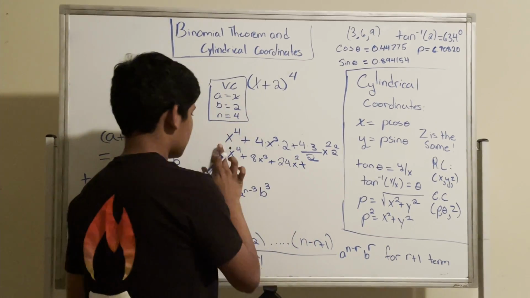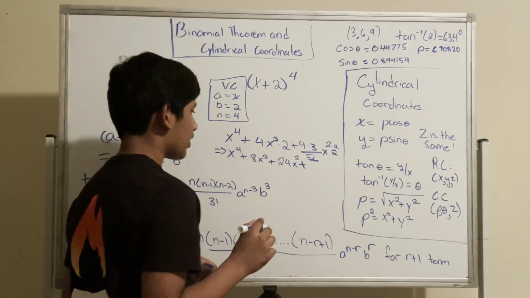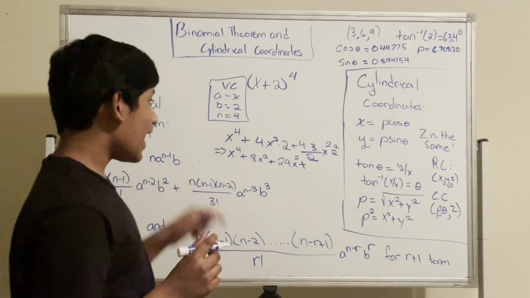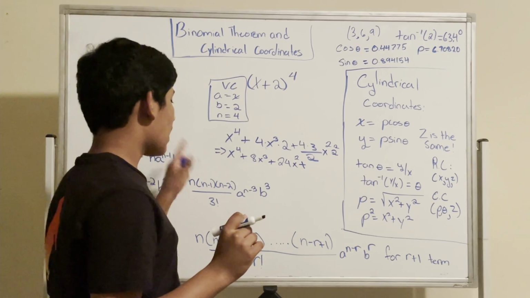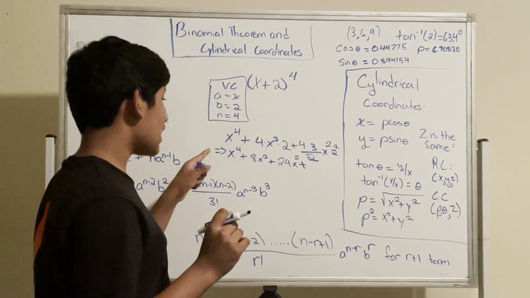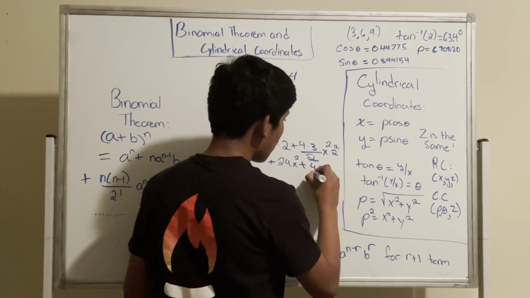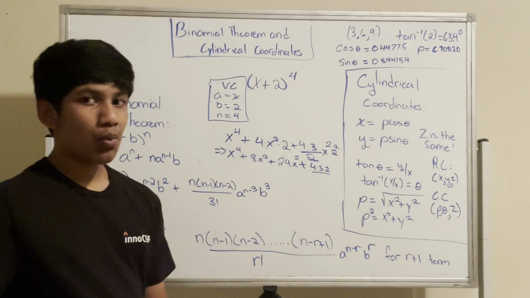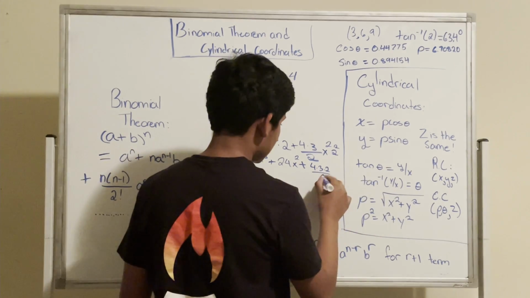Now let's continue. Now since we're continuing, we'll change this to an arrow mark. Okay, so we have n, which is just going to be essentially 4 times 3 times 2, all over 3 factorial. Well, what is 3 factorial? 3 factorial is just 3 times 2 times 1, or 6.